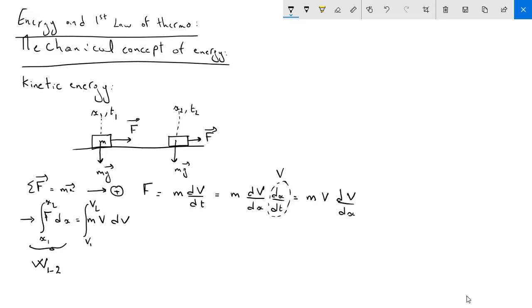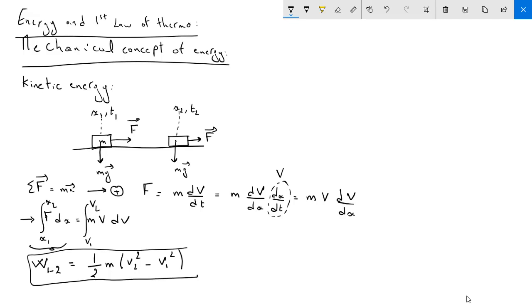The integral of F dx is the work, and the second term will be equal to half m (v2 square minus v1 square). So this is the concept, or the theorem, of kinetic energy.